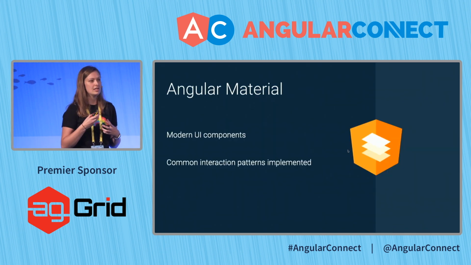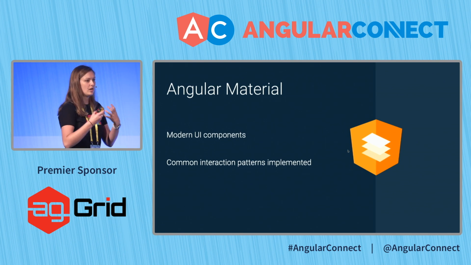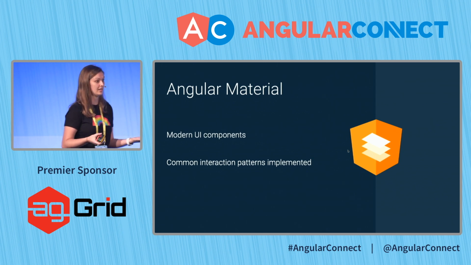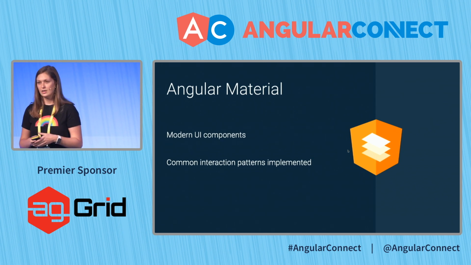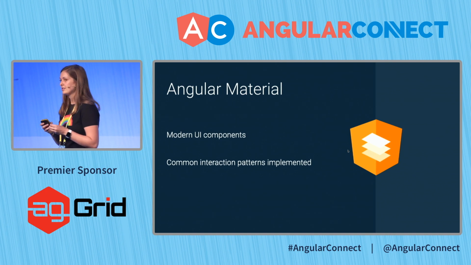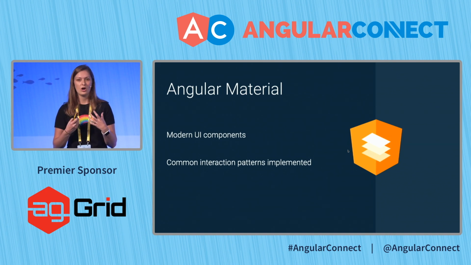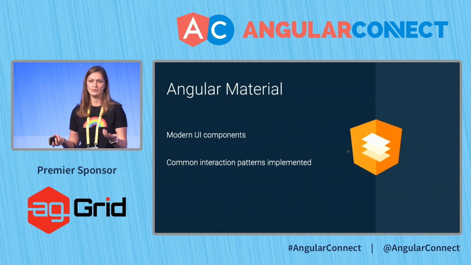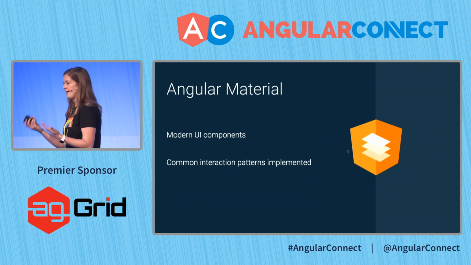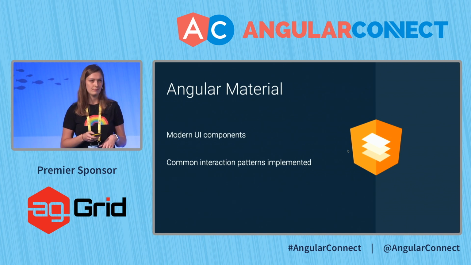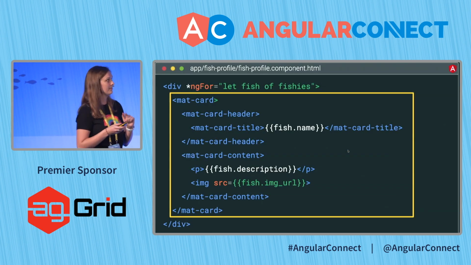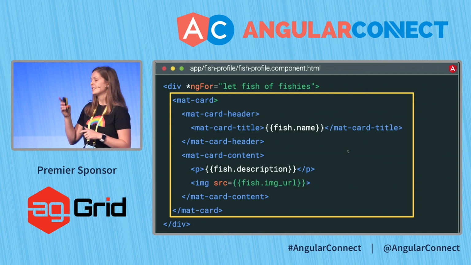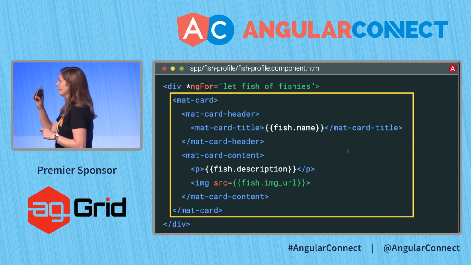Angular Material is a great way for creating and adding components that are already pre-built and follow material design practices. Material components implement and follow common patterns so that you don't have to build standard lists and tables and navigation bars. They're already ready for you. So one example of an Angular Material component is called mat-card.